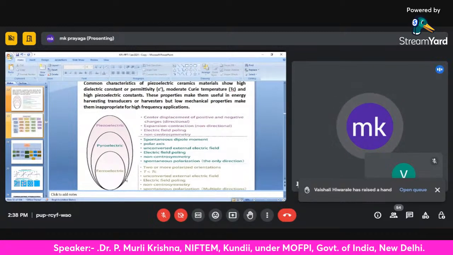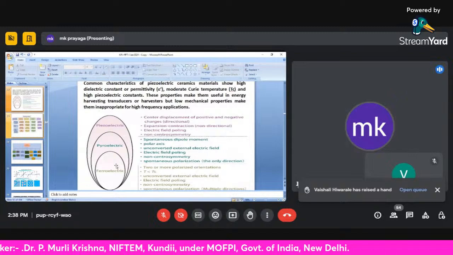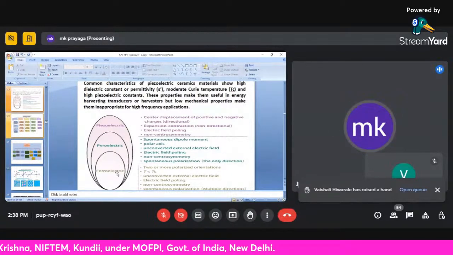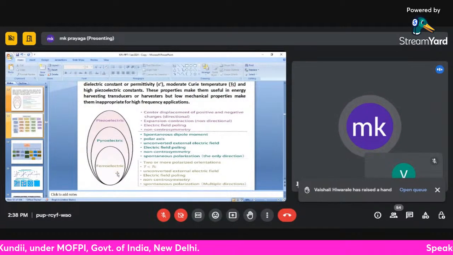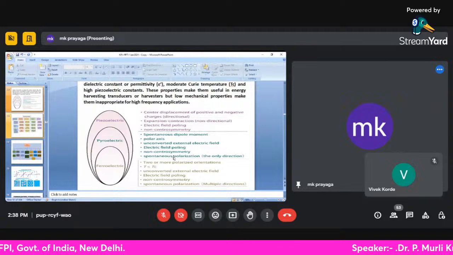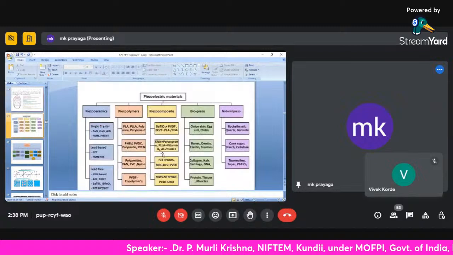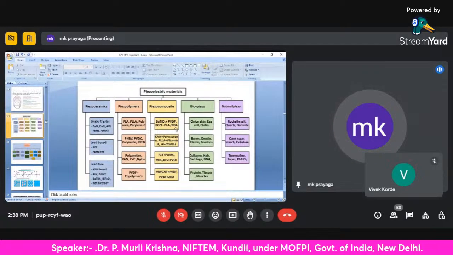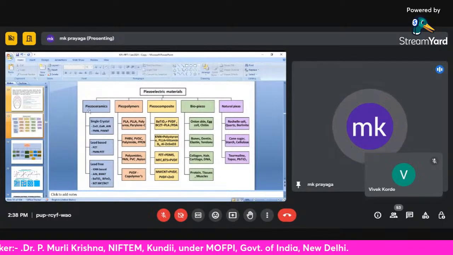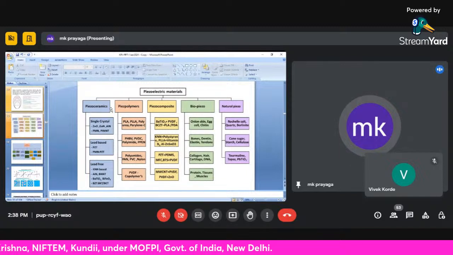The characteristics of ferroelectric materials are that they show a ferroelectric phase transformation as well as a hysteresis loop. That is a very important requirement for ferroelectric materials. These are different kinds of piezoelectric materials developed by different research groups.